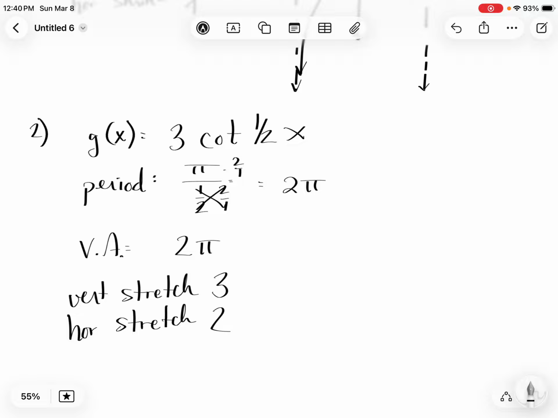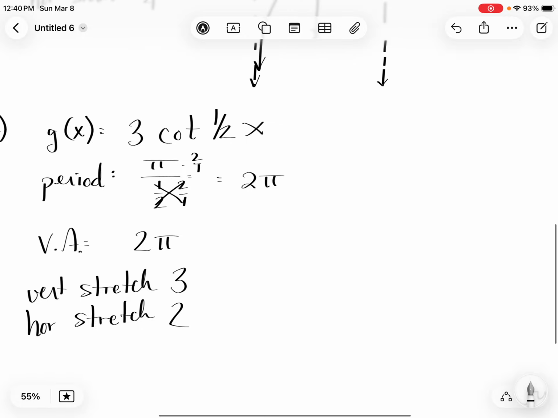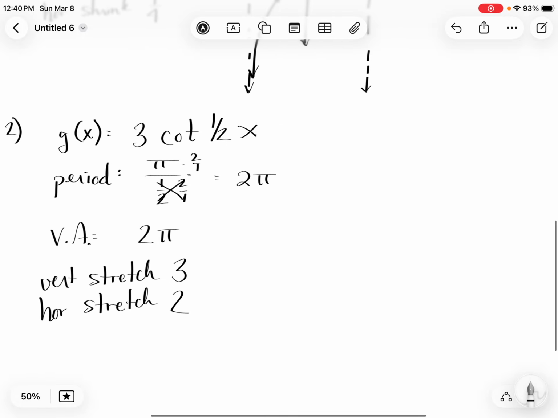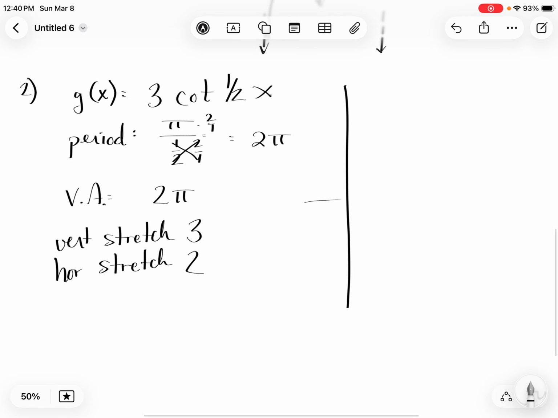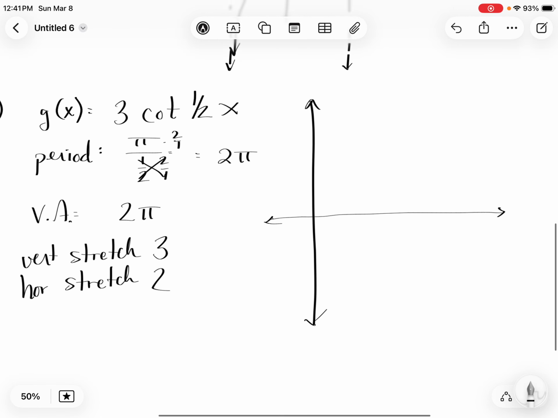Then the difference between tangent and cotangent when you come to graph it is that I'm going to make it go kind of like our old sine and cosine ones.